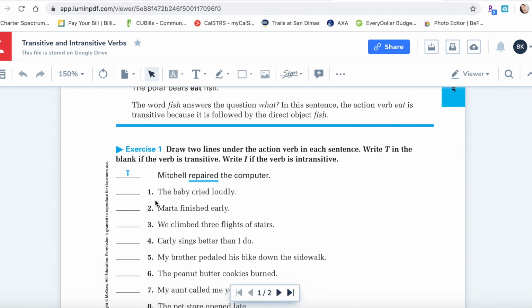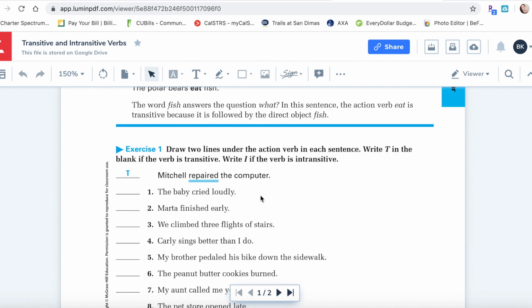So let's look at number 1 together. The baby cried loudly. Now this is when I need you to use your brain, okay? Pretend like we're in physical class and I'm staring at you and I'm waiting for you to answer, okay? Number 1, the baby cried loudly. I want you to double underline the action verb. Now, you don't need to physically double underline this right now.